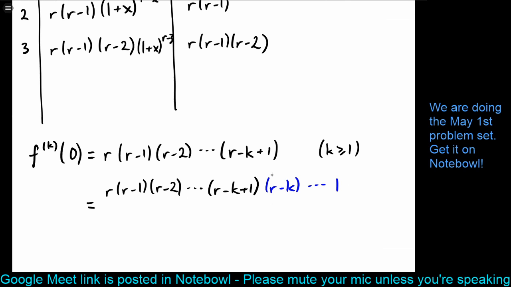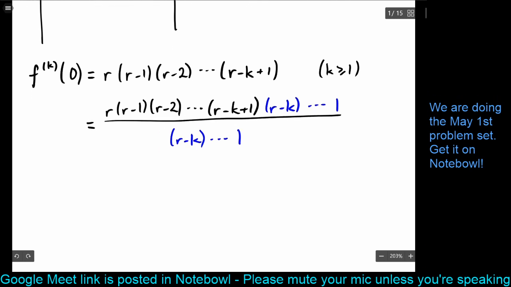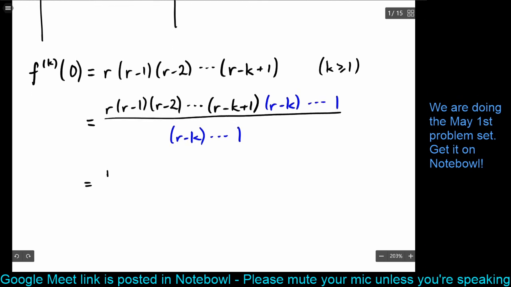Because then this is just r factorial. Well, not too hard to fix here. All this stuff that we just added, r minus k, all the way down to 1, that's a factorial itself. So this turns into r factorial over r minus k factorial. Not too bad, right?